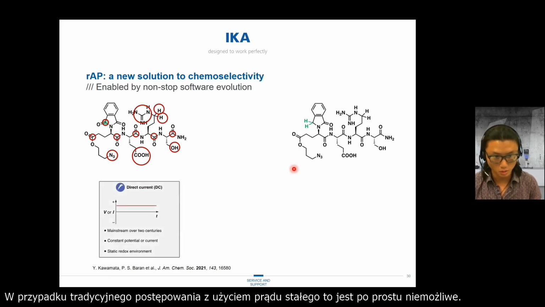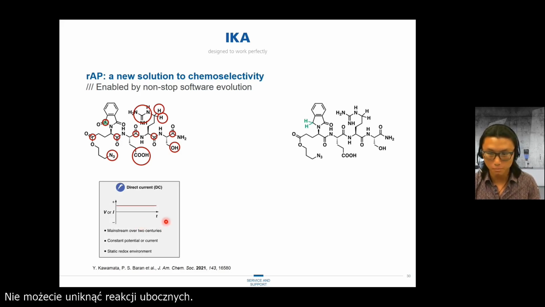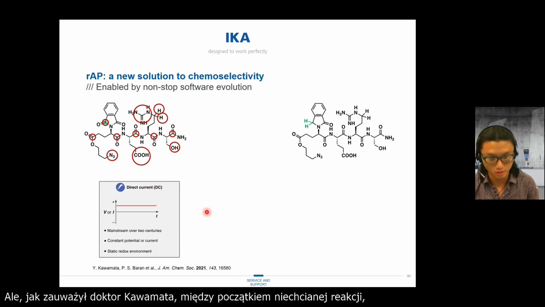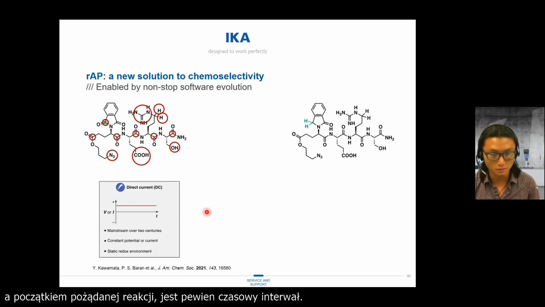With the traditional waveform, the direct current, it's not very possible because you just simply cannot avoid all those side reactions. And at that point, Dr. Kawamata pointed out that between the initiation of the undesired reaction and the happening of the desired reaction, there is such an interval.